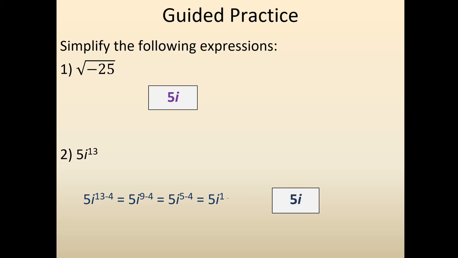Now there actually is a shorter way that you could do this. Instead of subtracting the numbers by 4, what you can do is divide the 13 by 4. When you do that, you end up getting 3.25. I don't really care about this number.